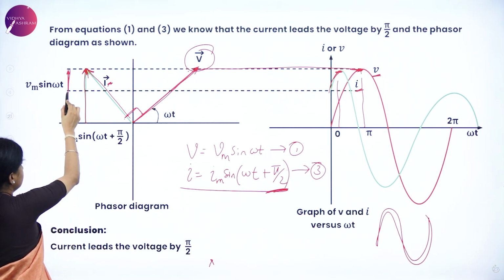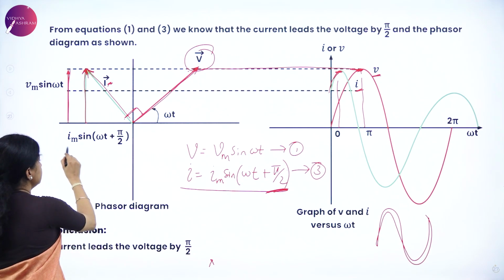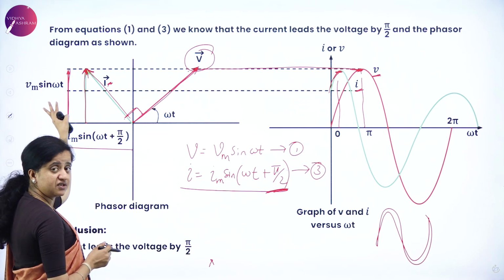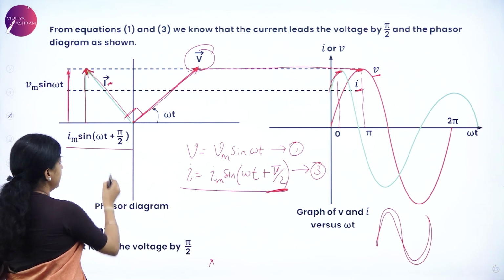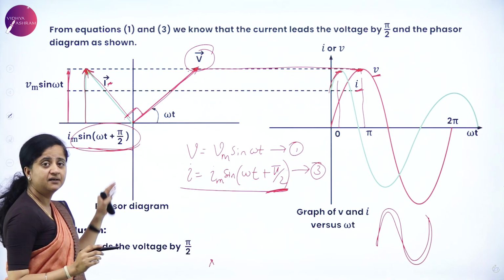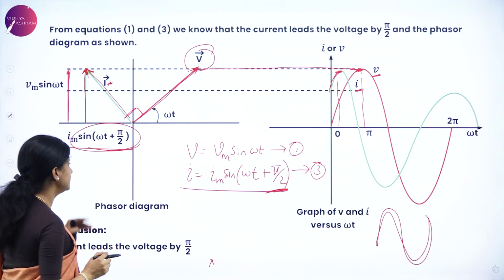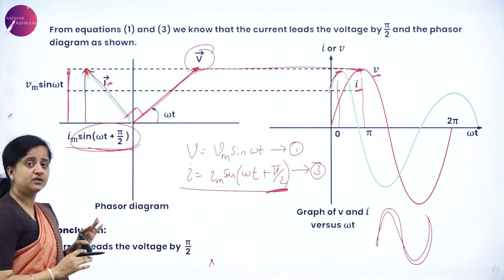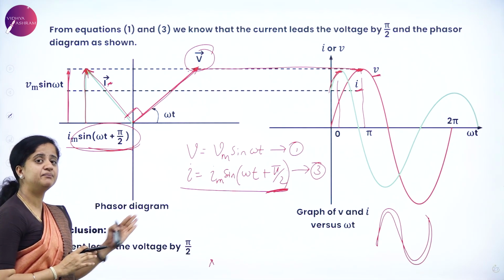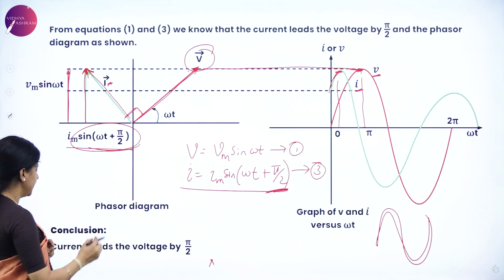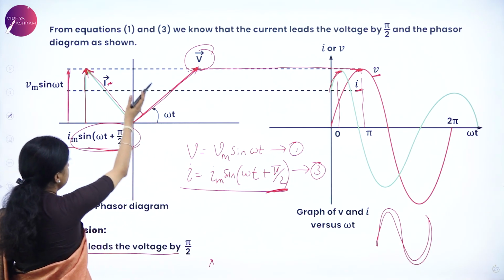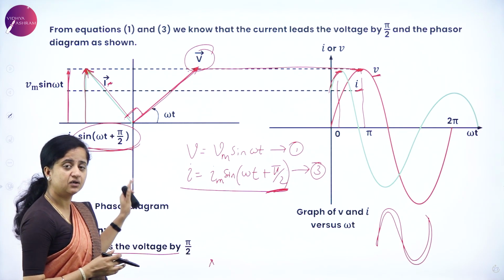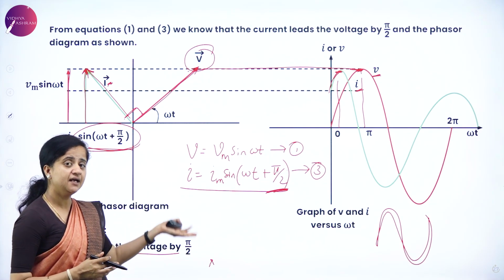So the instantaneous value of voltage is Vm sin omega t, and the instantaneous value of current is Im sin omega t plus pi by 2. There is a phase difference of about 90 degree between these two. We have to represent this with the phase angle, that is pi by 2. So this is the phasor diagram when the AC source is connected to a pure capacitive circuit. And the conclusion is current leads the voltage by 90 degree. From the phasor diagram, we can conclude the current is 90 degree ahead of voltage.